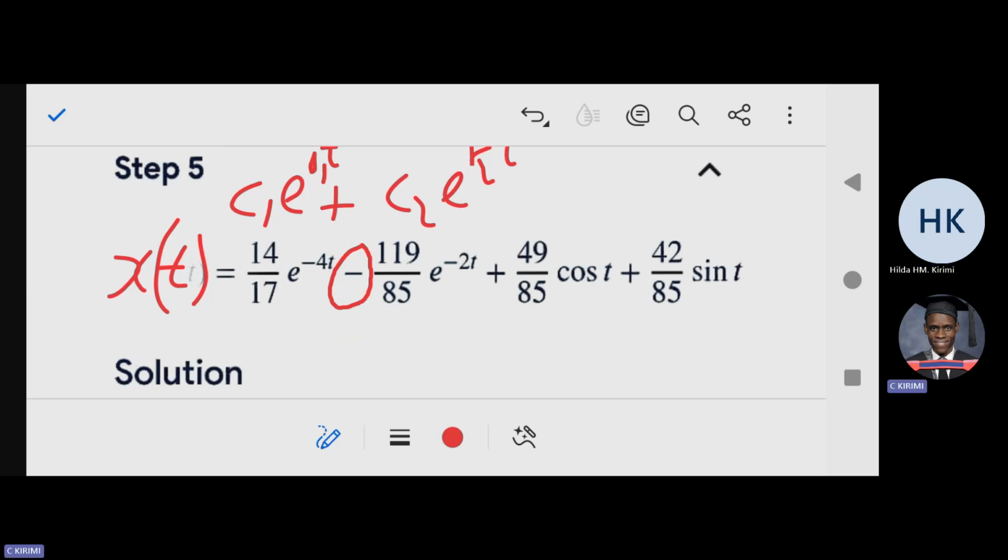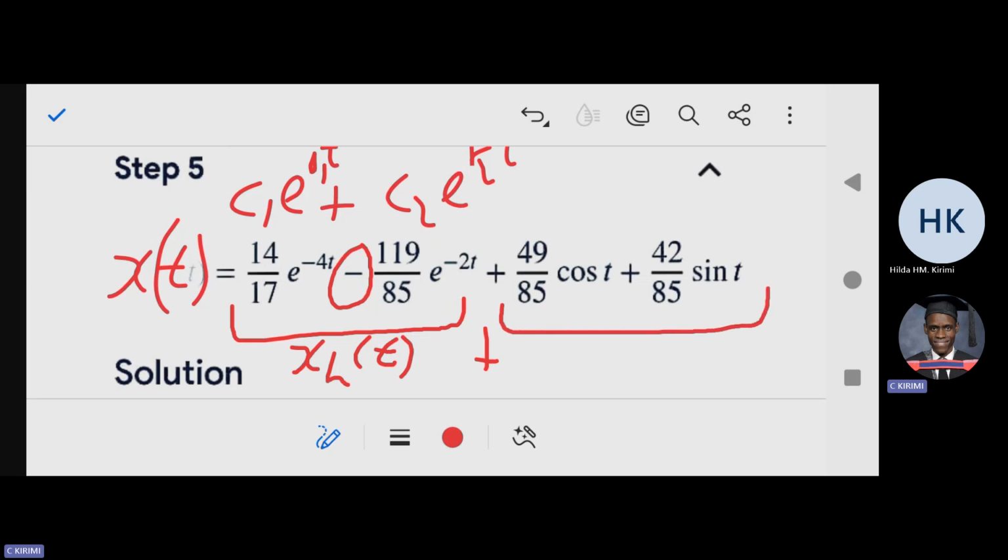Plus. So this is our x_h(t). This was our x_h(t), the homogeneous one. Remember? Plus the x of t, which was the particular what?